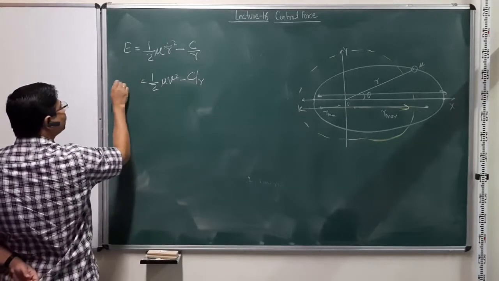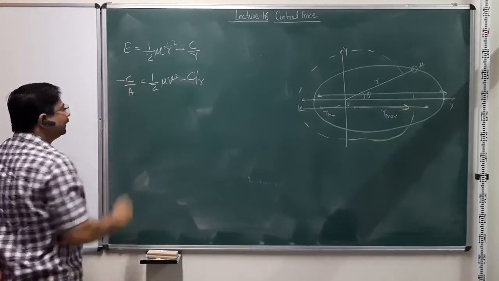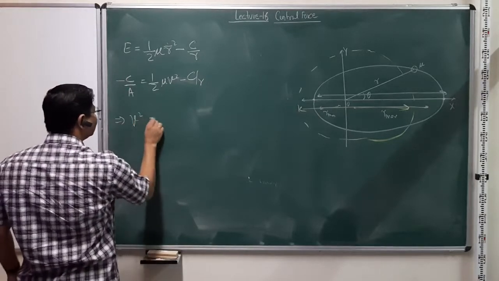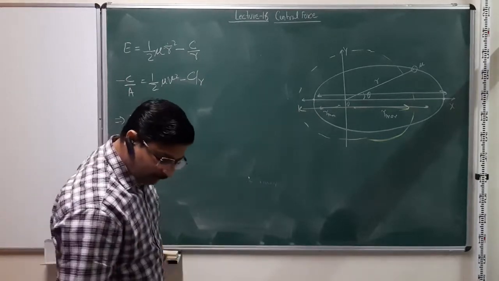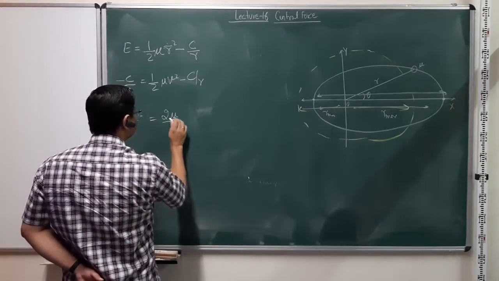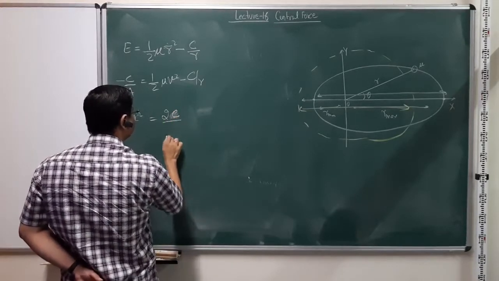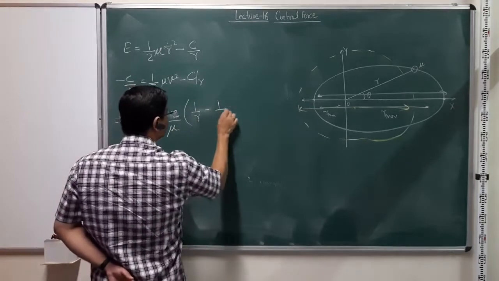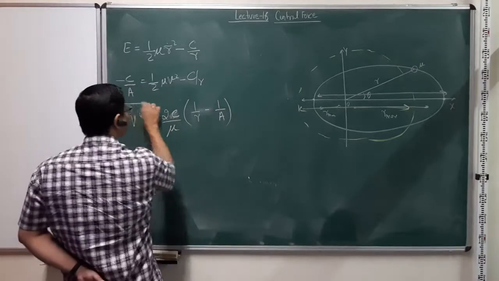here. So this was also minus c over a, right, and from here we can write down the velocity, which is then given as 2c by mu times 1 over r minus 1 over a.